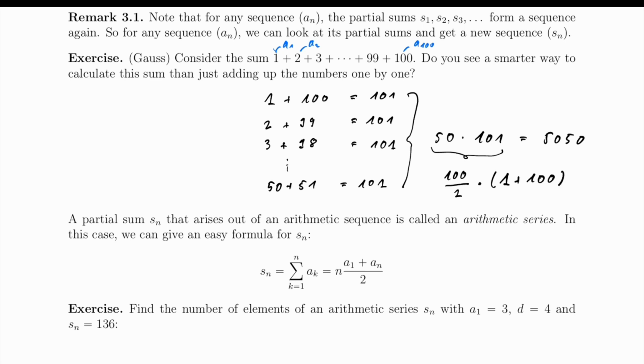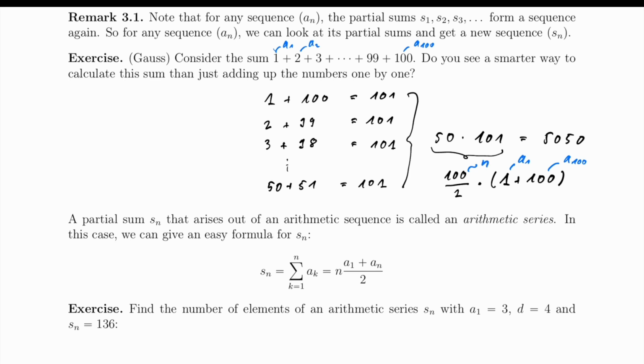And here the 1 is our A1, our first element. The 100 is our A100, our last element. And this here, careful, this is not A100, this is how many elements you have.